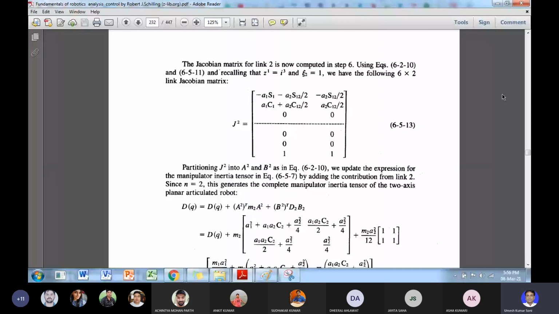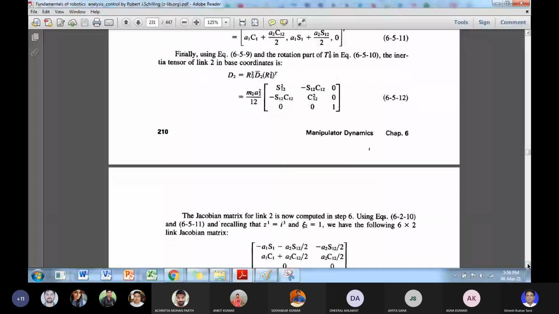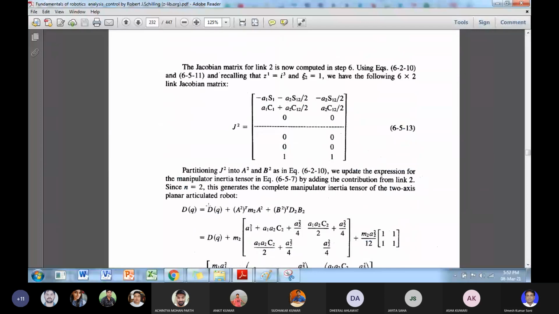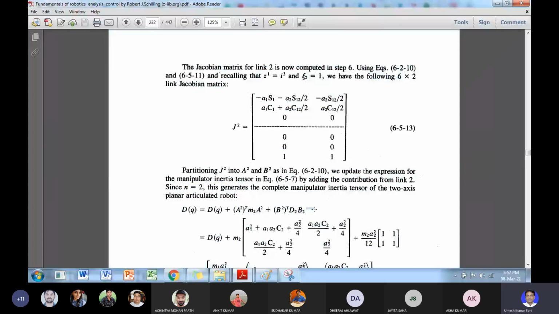Here we have calculated d2. This is dq, and we have calculated previously the inertia to the base.